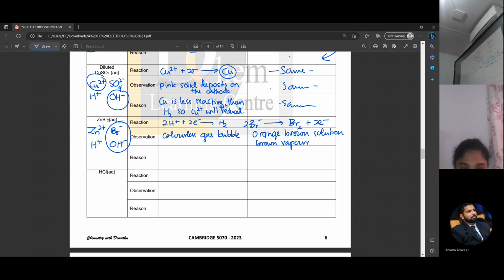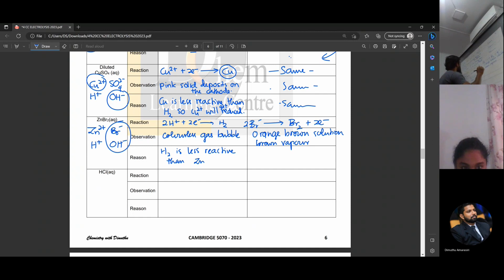Bromine is anyway volatile. If you don't heat, it will evaporate. The reason you need to know: hydrogen is less reactive than zinc. Right?